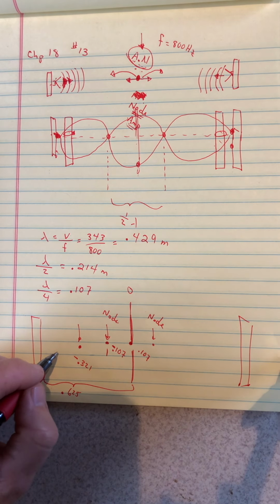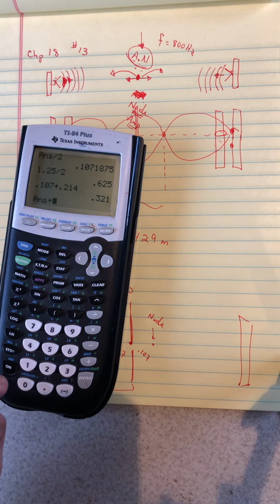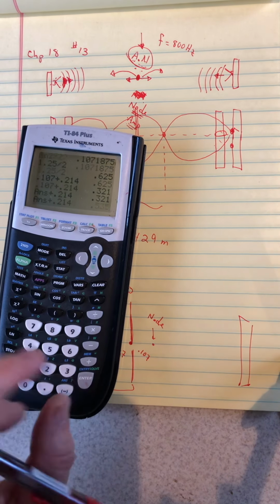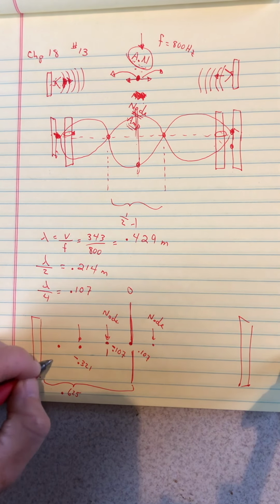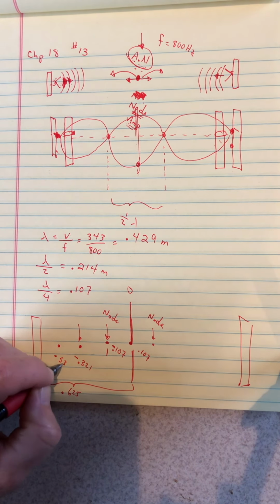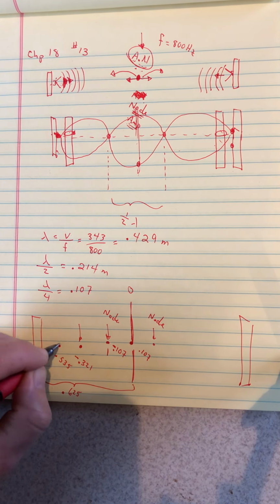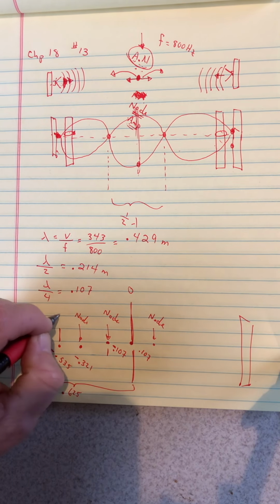And I'm thinking another one would fit in here. So let me add 0.214 here. And I get another node, 0.535, and I'll just put a negative. So here's another node.